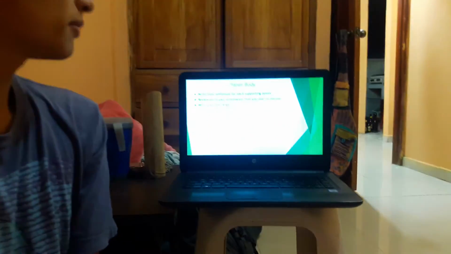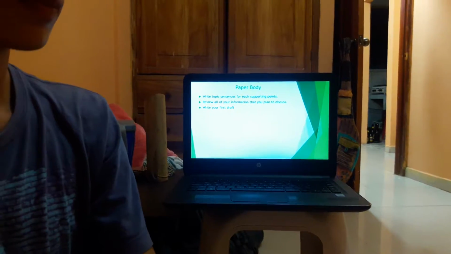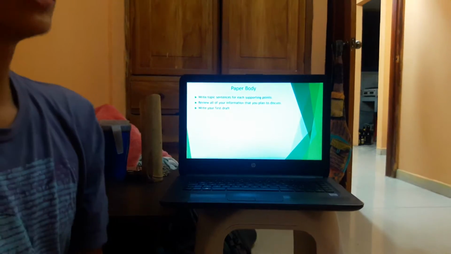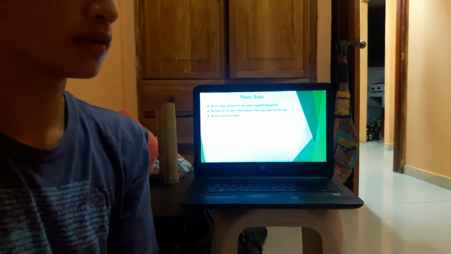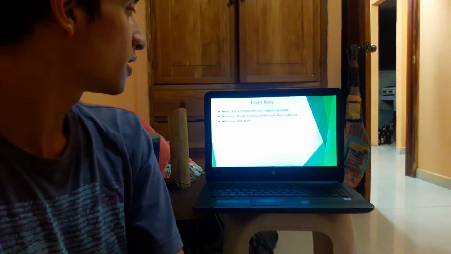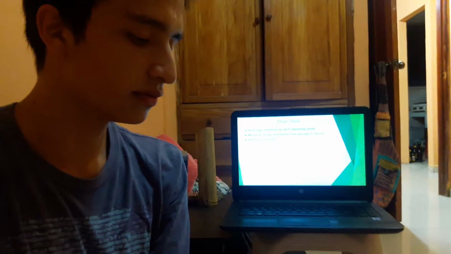The paper body needs to have three components: a topic sentence for each supporting point, a review of all of the information, and a first draft that I will explain later.